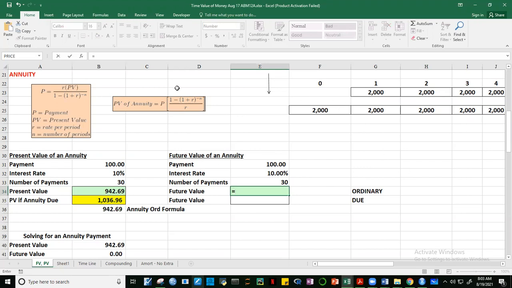Kindly compute, and then please indicate in the chat box what your answer is, the future value of an annuity of 100 in the next 30 years.